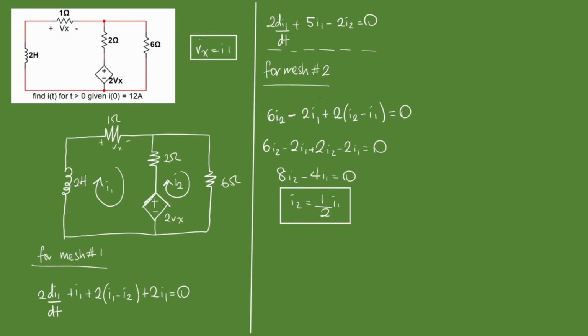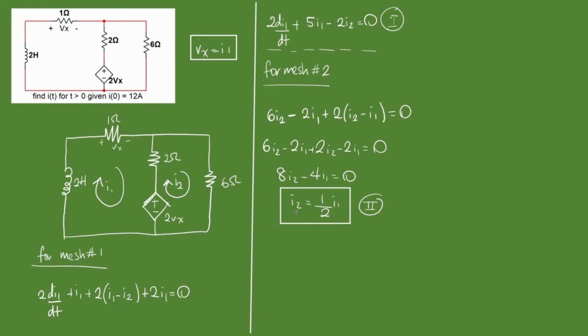Just going to throw this into our first equation. If this is equation 1 and this is equation 2, we're going to throw this in here. Remember, we're solving simultaneous equations by substitution, so that we can now have a linear differential equation that we can integrate to solve for I0, to find an expression for I1.